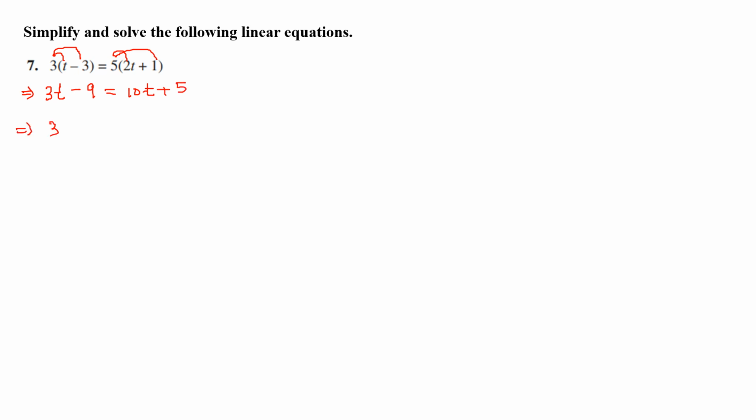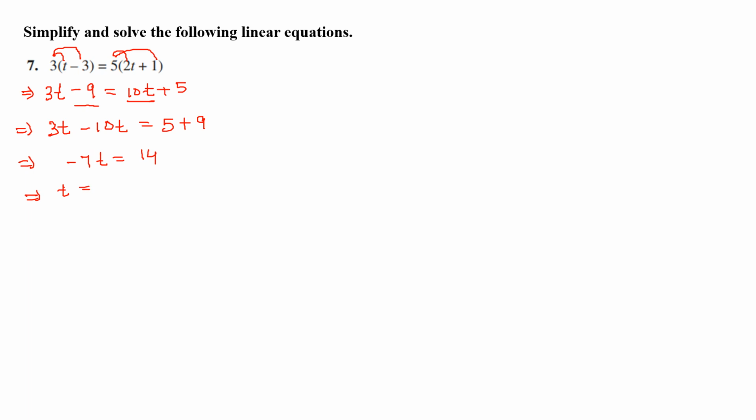Now bringing the variable to the left hand side, so 3t. Now 10t transposed to LHS will be minus 10t, and 5 minus 9 if you transpose it will be plus 9. Now 3t minus 10t will give me minus 7t, and 5 plus 9 is 14.